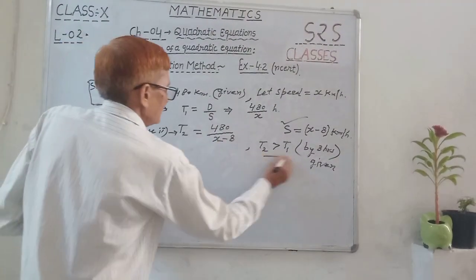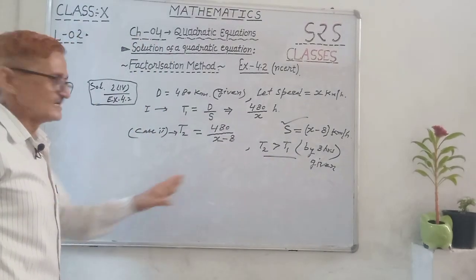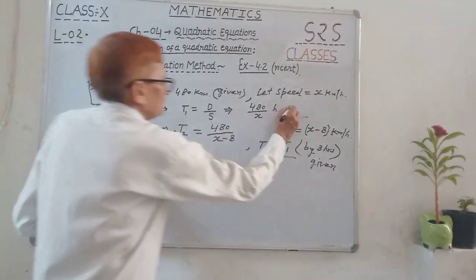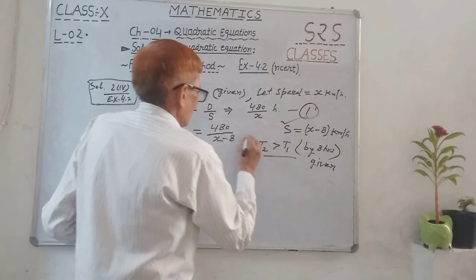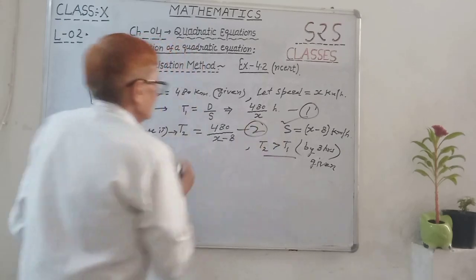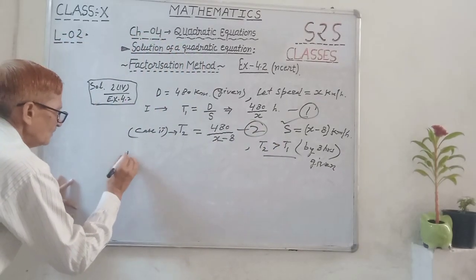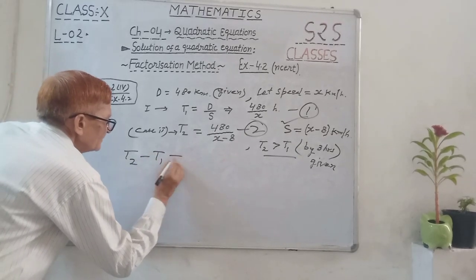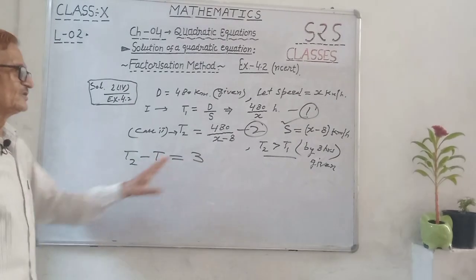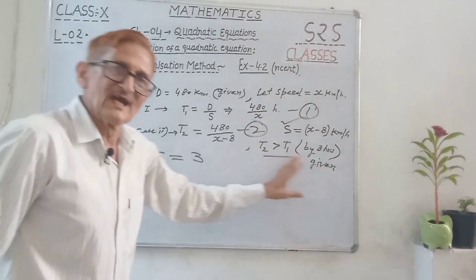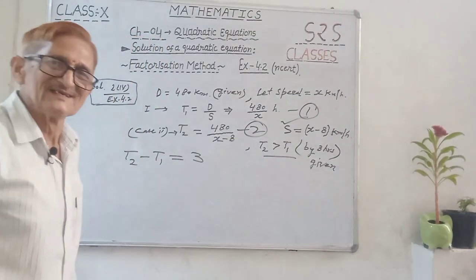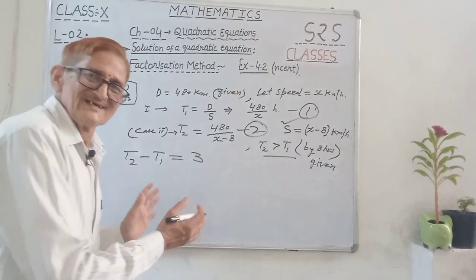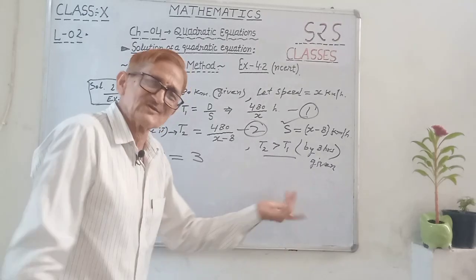Now, this condition in the time, this relation in the time, put that from first case and second case: T2 minus T1 must be equal to 3, because T2 is 3 hours greater than T1. It means greater minus smaller is equal to 3.